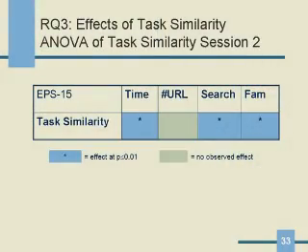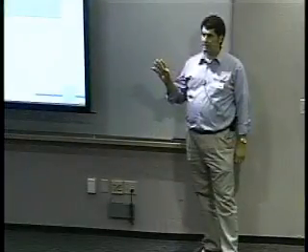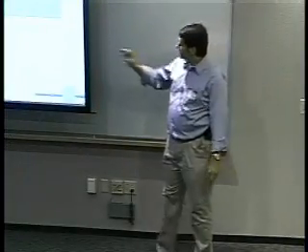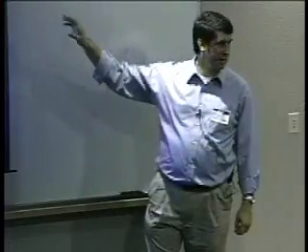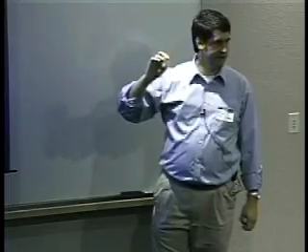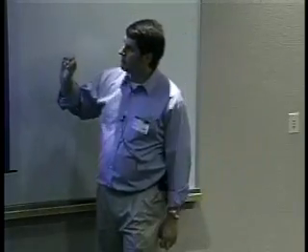So we looked at these four things in terms of time, URLs, search, and familiarity. Now, in this data set, we only had one task where the information moved, so I didn't include that in this analysis. We're only looking at the exact, path, and subset tasks. I'll talk about the move task separately in just a minute.